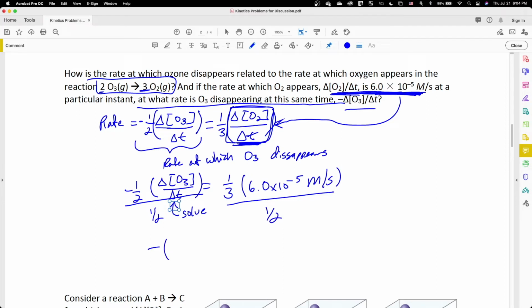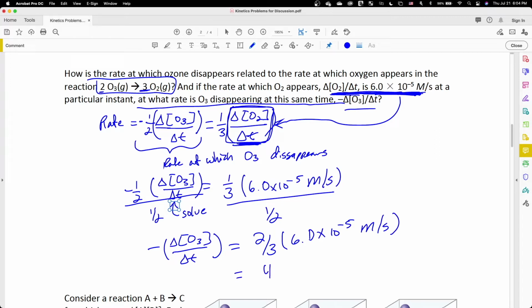Essentially, that turns into negative, or the loss in, or the disappearance in O3. All those mean the same thing, of course. Over change in time equals 2/3 times 6.0 times 10 to the negative 5 molar per second. And then we'll work that out, and the answer becomes 4.0 times 10 to the negative 5 molar per second. And again, it's positive because the rate is positive here.